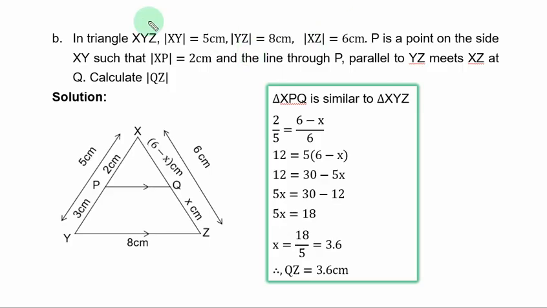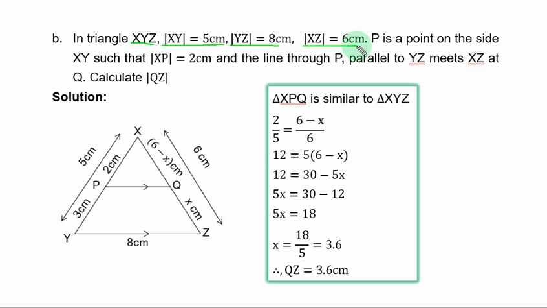Question 3b. In triangle SYZ, SY is 5 cm, YZ is 8 cm, SZ is 6 cm.